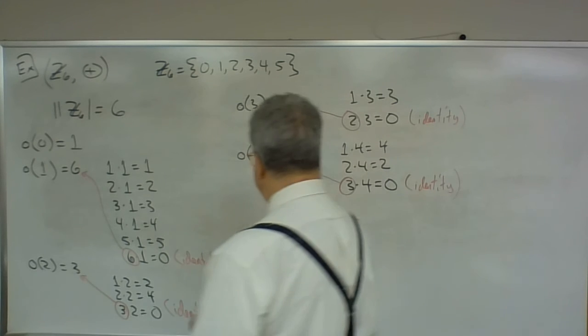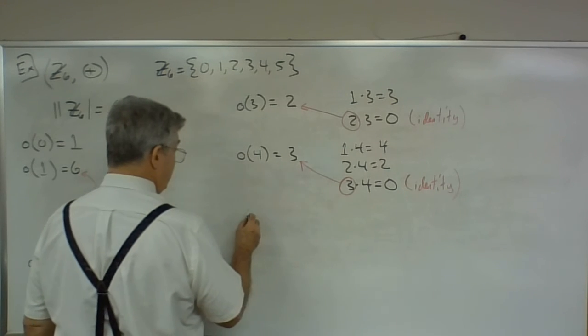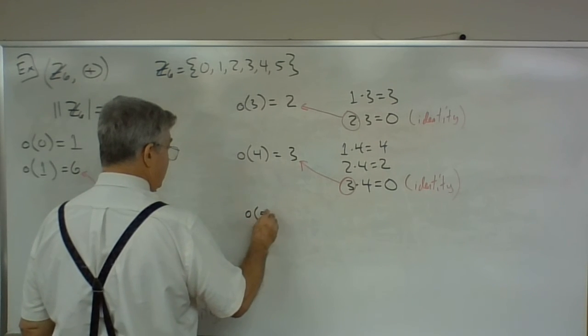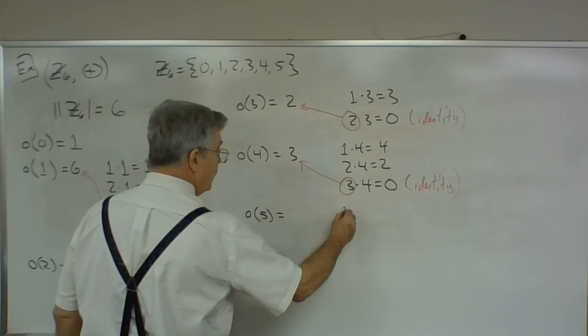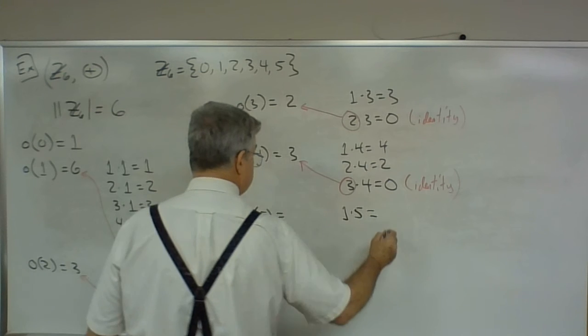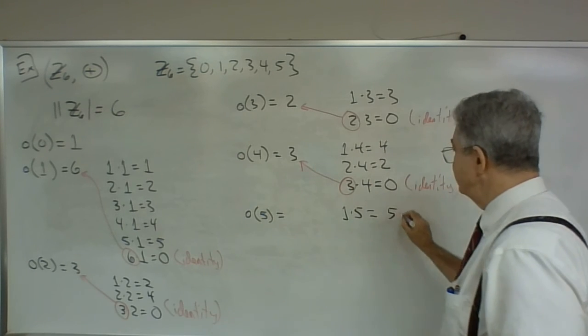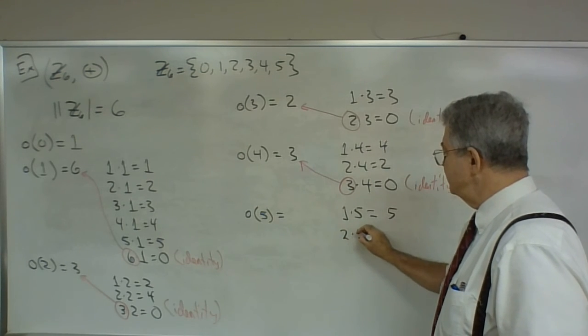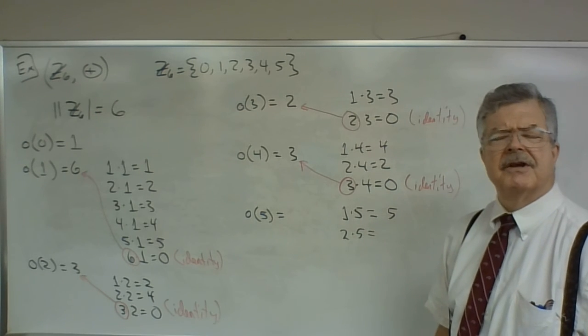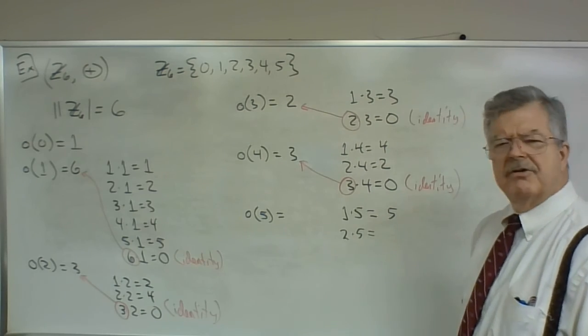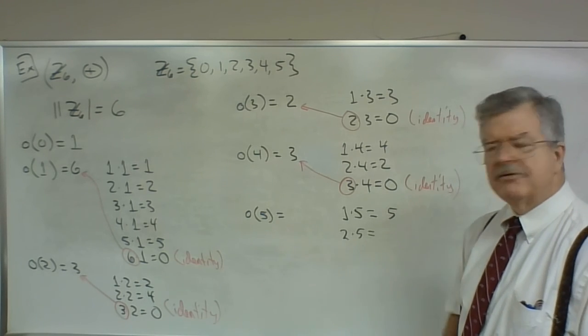Now what about 5? The order of 5 is equal to what? 1 times 5 is 5. 2 times 5 is 10, but that's congruent to what mod 6? 10 is congruent to 4 mod 6.